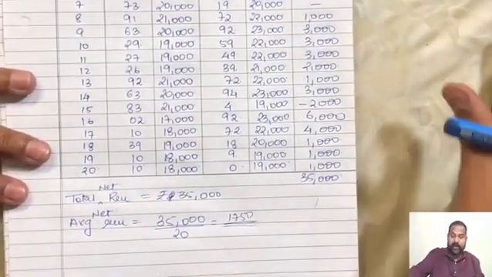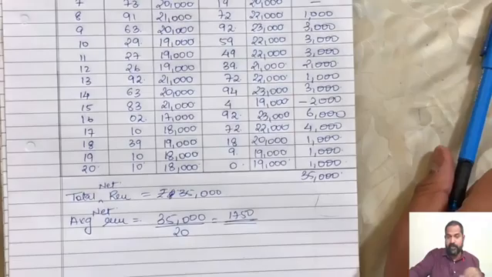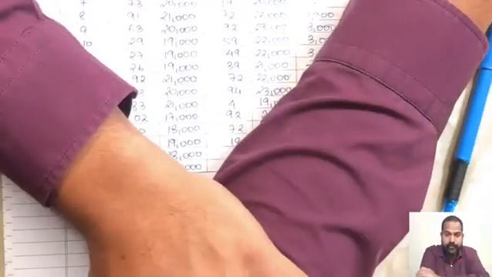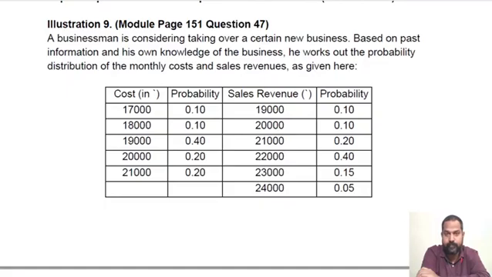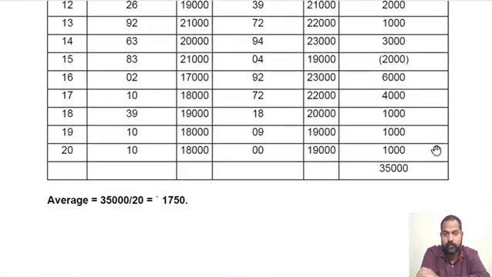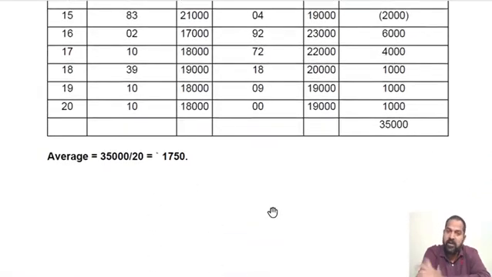So I can expect a profit of 1750 on an average. That is what they have done. Yes, 1750. Not that it's asked, but they've calculated it, so we also calculate it. In the exam, obviously, they will be a lot clearer about what they want you to find.